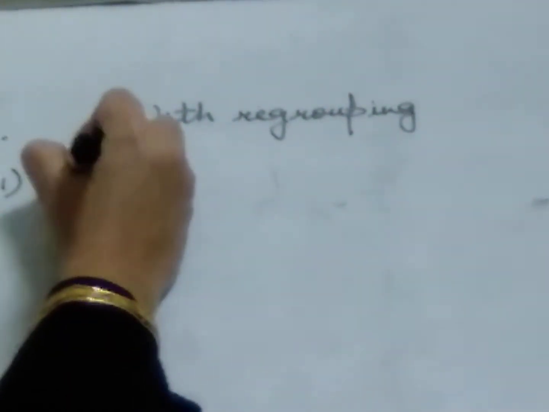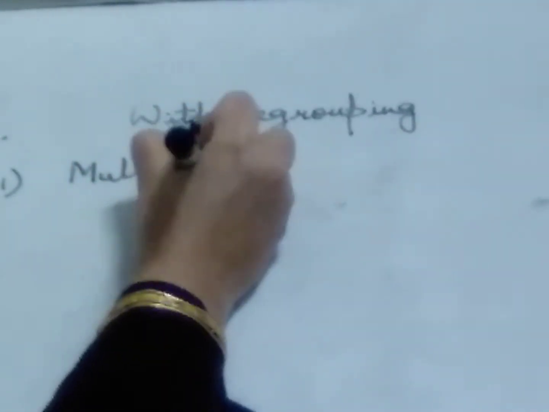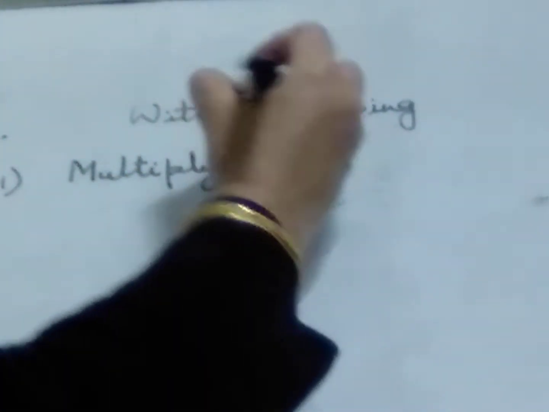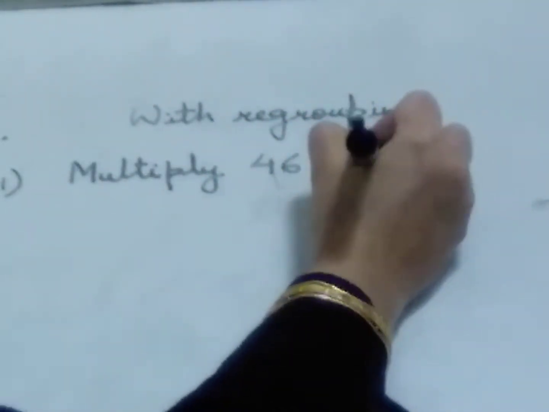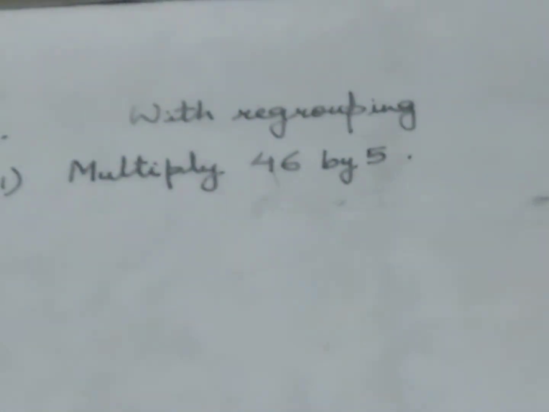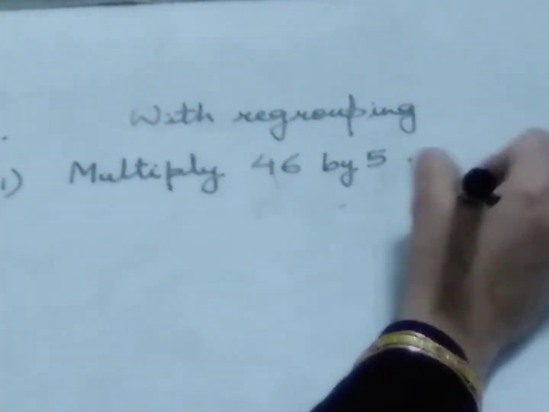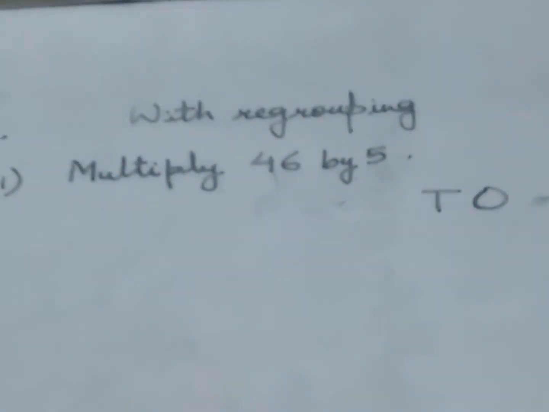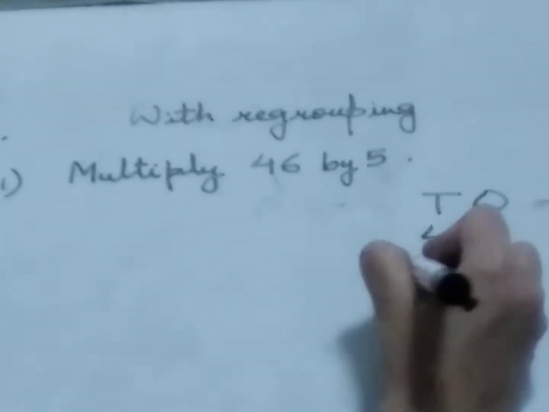First is multiply 46 by 5. So arrange these numbers into the columns of ones and tens. This is tens, ones, 46 multiplied by 5.